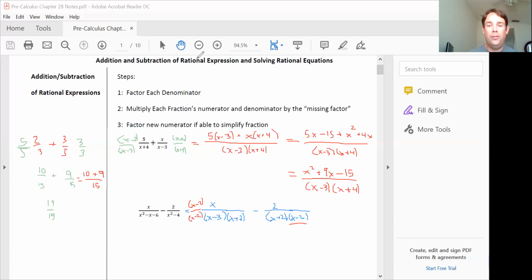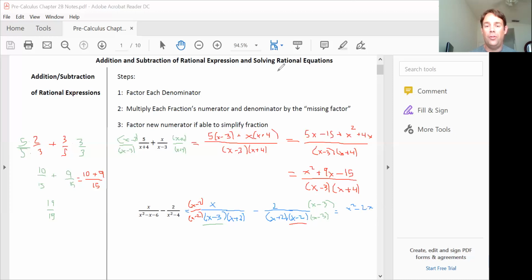And then over here on this one, I'm noticing that I'm missing an x minus 3. I have an x minus 3 over there, but I don't have it over here. So I'm going to multiply this one by x minus 3. I multiplied top and bottom by it. So now I got a common denominator. I can go ahead and clean this up here. So I got x squared minus 2x.